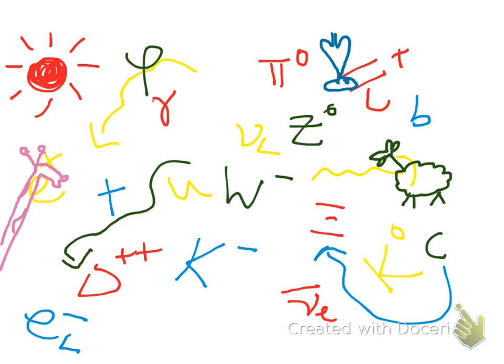You might have heard of the Large Hadron Collider in Geneva, and it just bumps all these particles together, and you get massive explosions and many particle reactions. They look a bit like this.